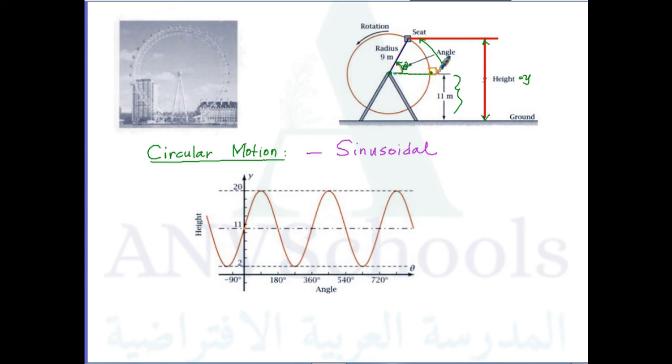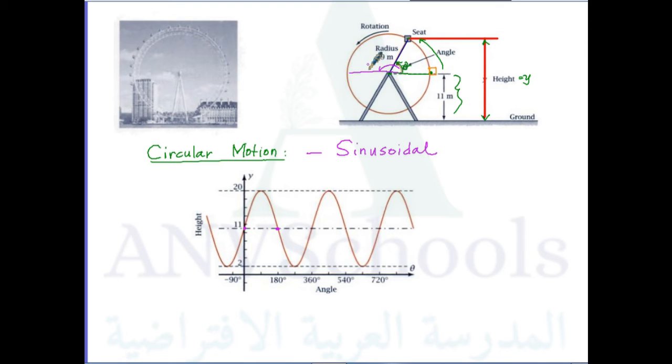Now as it rotates to theta, let's say it rotates to this. Okay, this is 180 degrees already. So look, if you rotated to 180 degrees from this position, notice that you land up in the same position, which is 11 meters from the ground. But take note, if your seat rotated to 180 degrees, that would be around here.